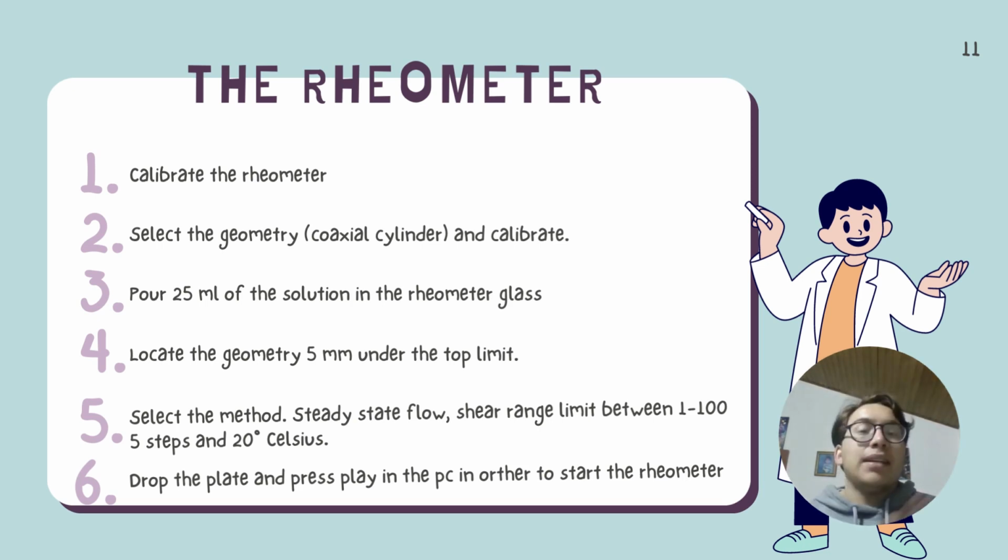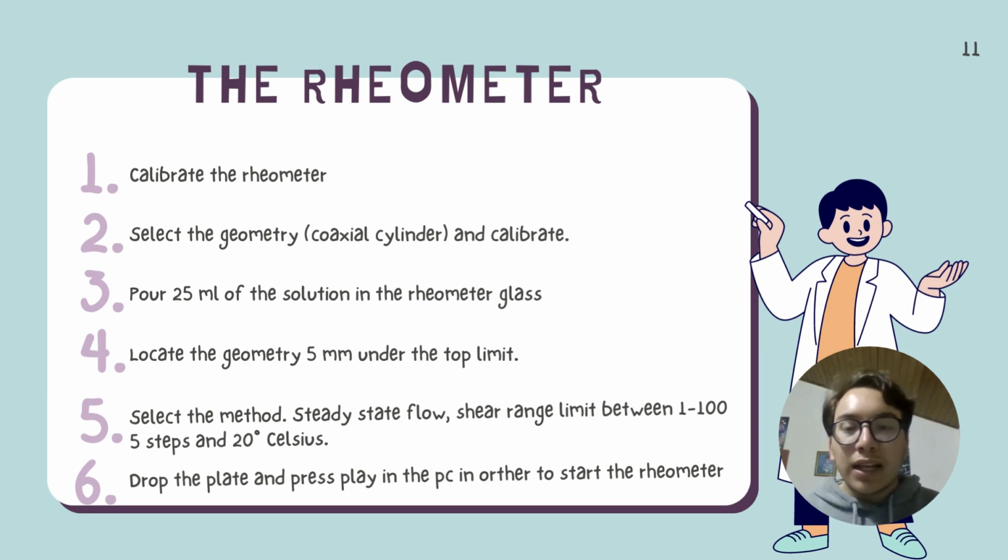The second step is the rheometer. In order to use this equipment, firstly, we need to calibrate it, and it has a few steps. Firstly, we need to open the airflow, extract the secure, then turn on the chiller, and finally we can turn on the rheometer. We need to calibrate the rheometer without plates first, and then select a geometry, which in this case was a coaxial cylinder, and then recalibrate it.